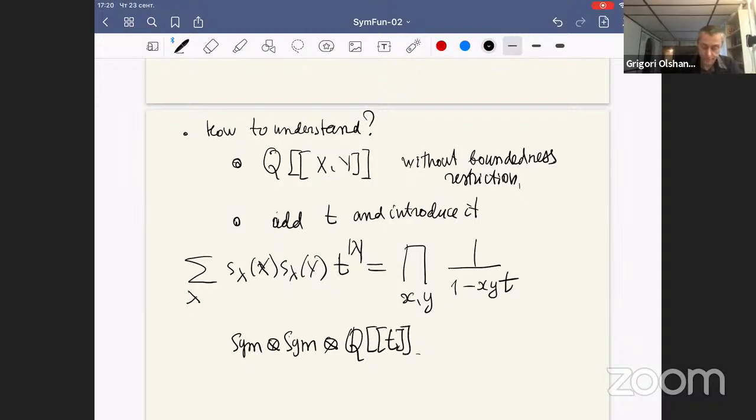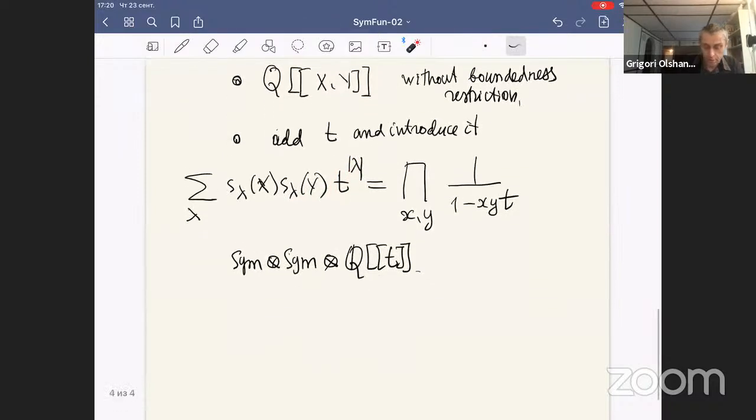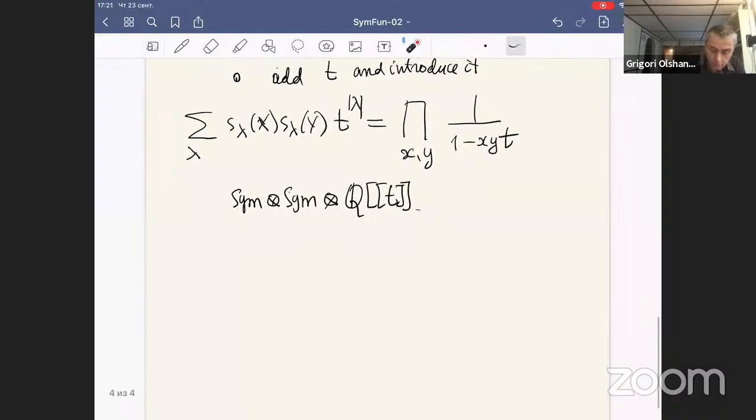Or we can imagine that we take this ring as an extension of the base field Q. Or, for instance, we can introduce t inside one of these functions, that is, write the same equality as follows.